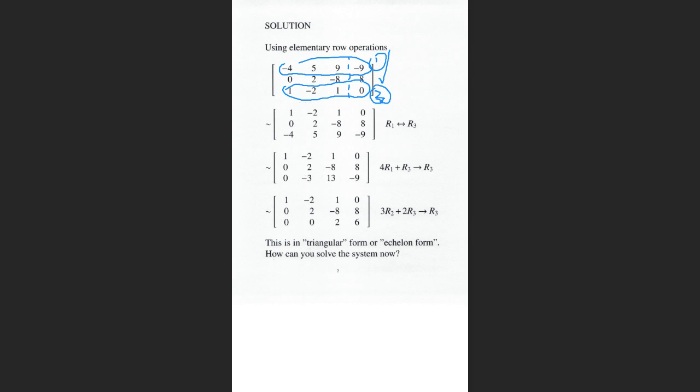So I'm going to use the third equation to help me simplify the system of equations. I'm going to take that first equation and interchange it with the third equation. That's what you see in the second matrix. And this little tilde symbol means equivalent.